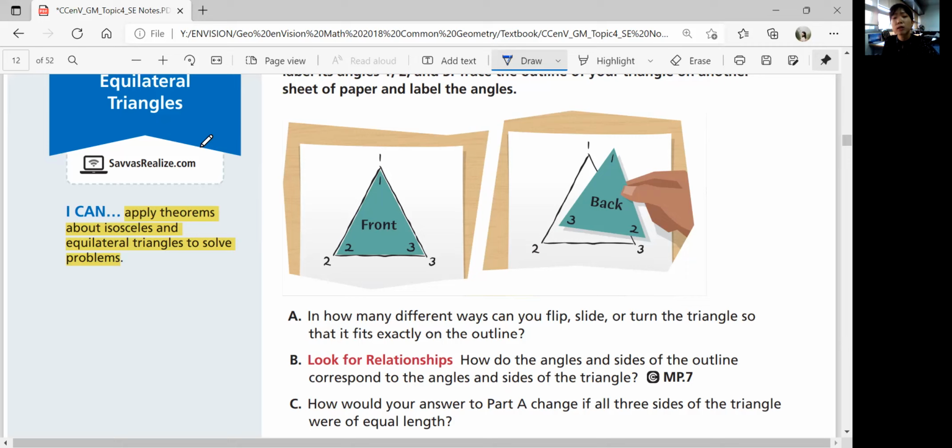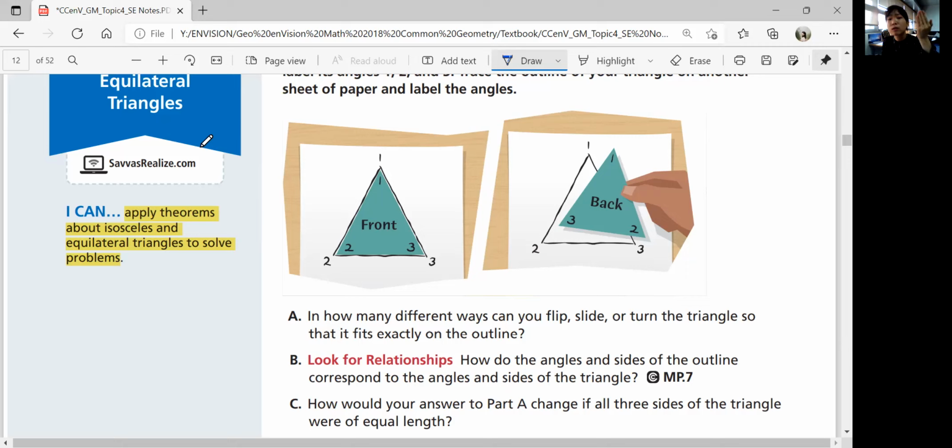Yes, you cannot turn it or slide it and still have it fit in the outline. When you have angles labeled, right? And you can trace it. If you slide it, of course, it's not going to fit the outline.